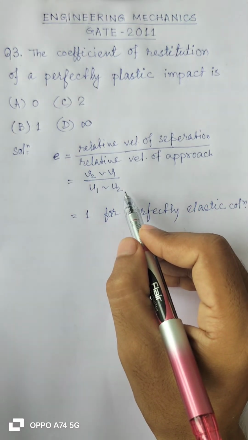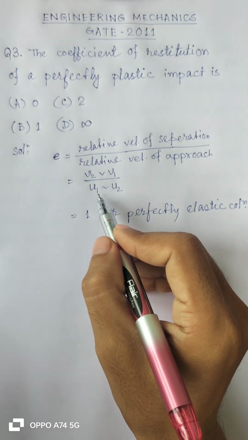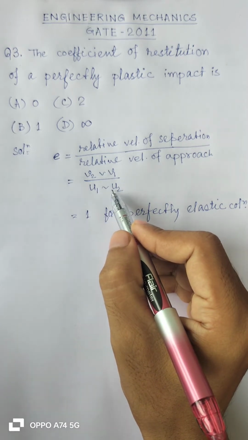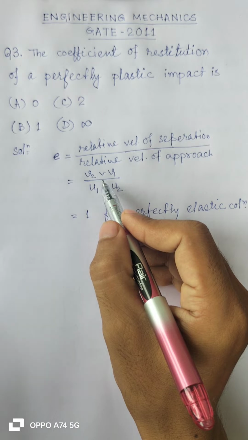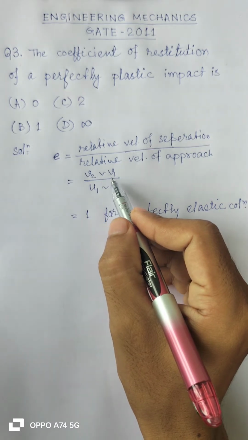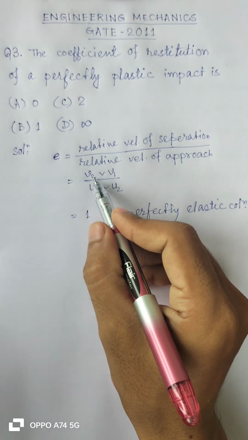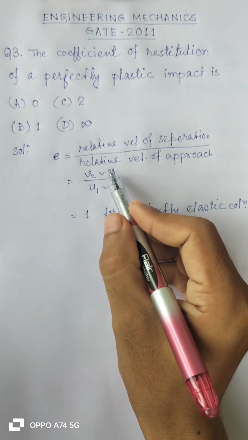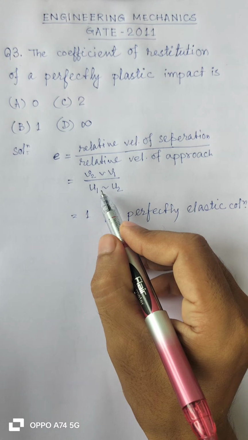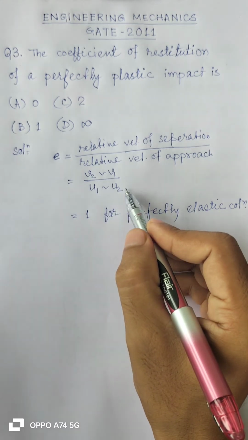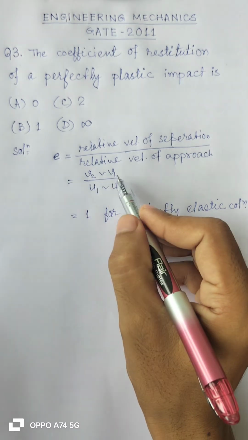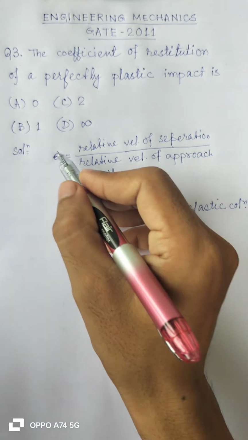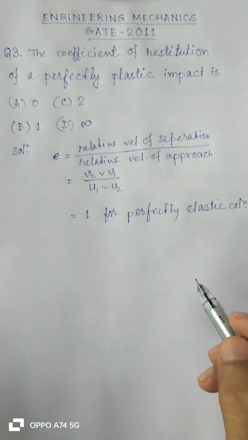So if two particles are moving with initial velocities u1 and u2 and final velocities, that means after collision, v1 and v2, then the ratio of v2 minus v1 to u1 minus u2, that is the algebraic differences. So this ratio is the coefficient of restitution.